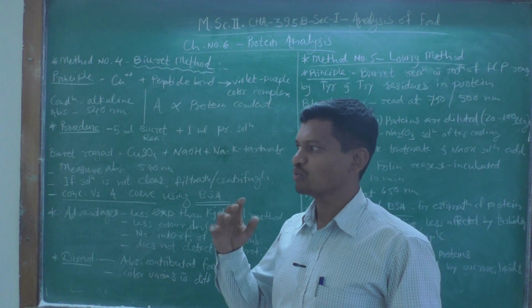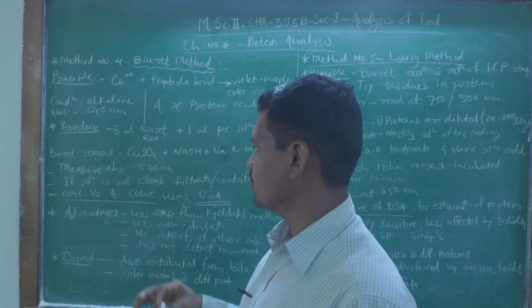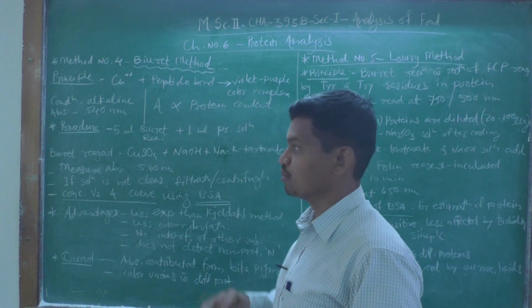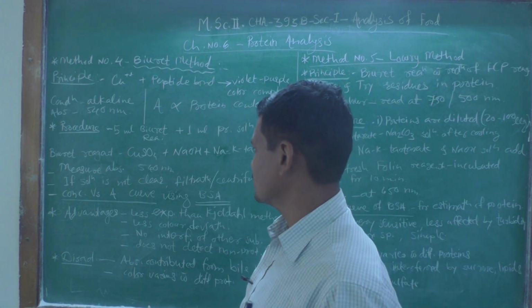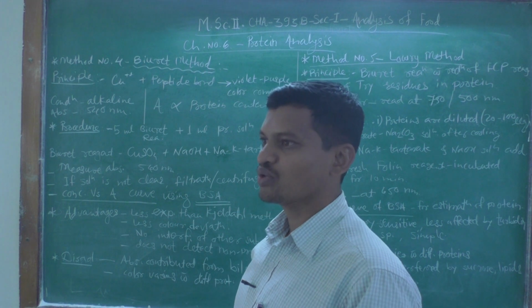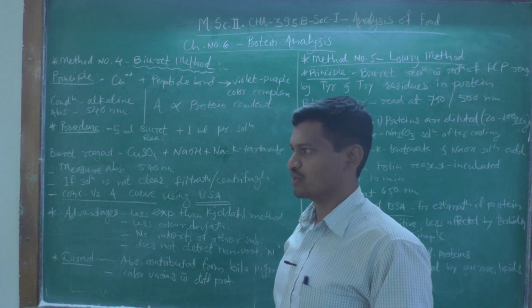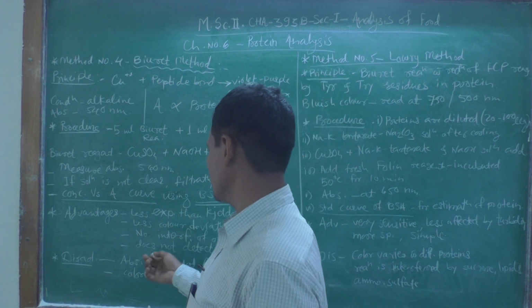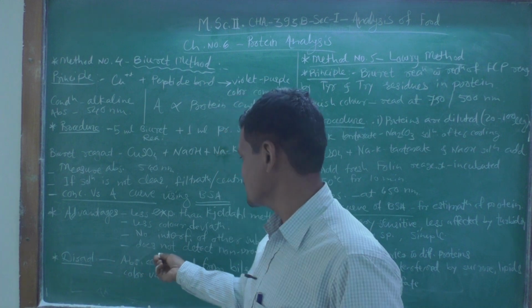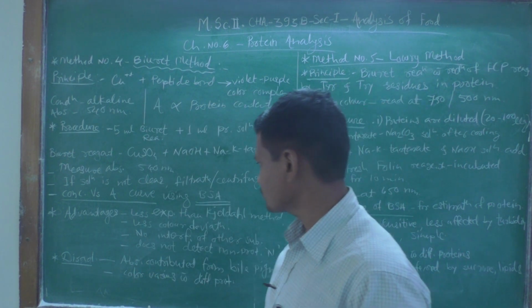That is not useful for protein content analysis, but by using the biuret method you can get the exact protein content of the food sample. So that's why this method is very superior as far as protein analysis is concerned.